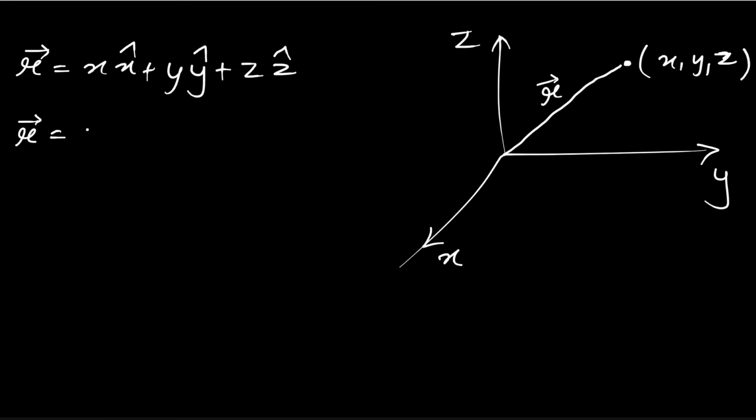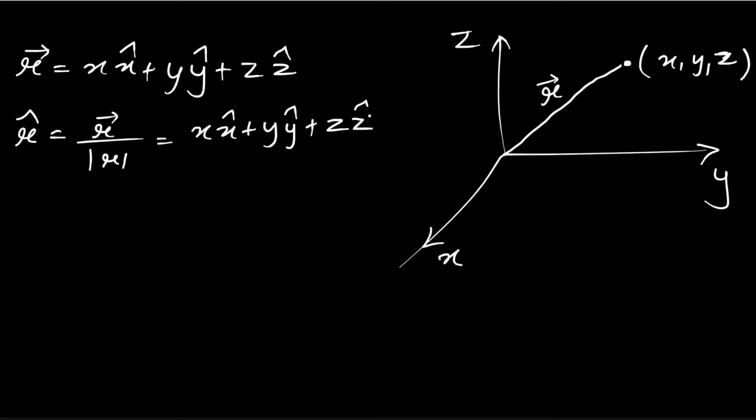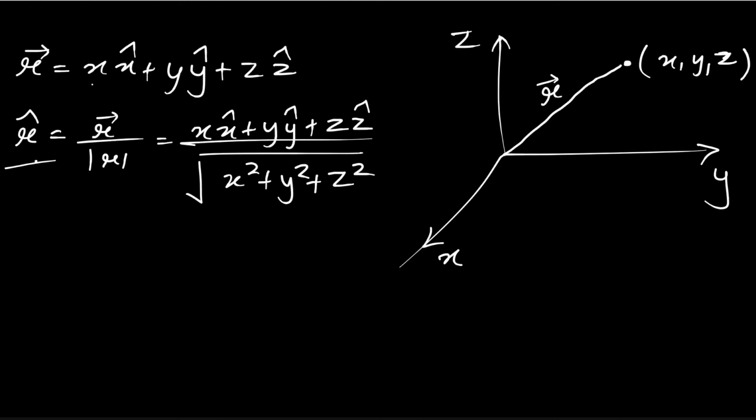The unit vector is represented by a cap over it, and it is the r vector divided by its magnitude. It is nothing but x cap plus y cap plus z cap divided by its magnitude. The magnitude is the square root of the sum of the squares of the coefficients of the components in each direction: x squared, y squared and z squared. This will give the unit vector.